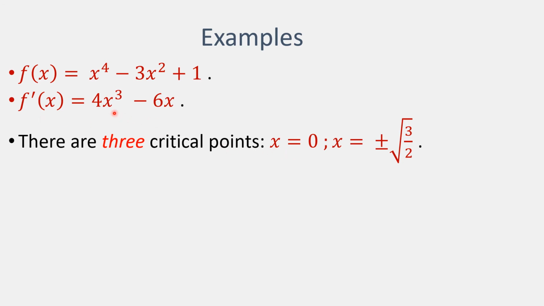If we put 0 there, we get 4 times 0 minus 6 times 0, which is equal to 0. The 2 other critical points are plus or minus the square root of 1.5. I'll leave you to confirm that if we put that value into this expression, then the outcome will be 0.